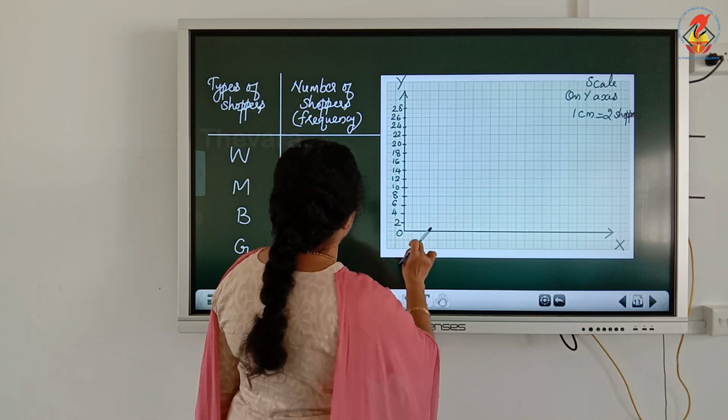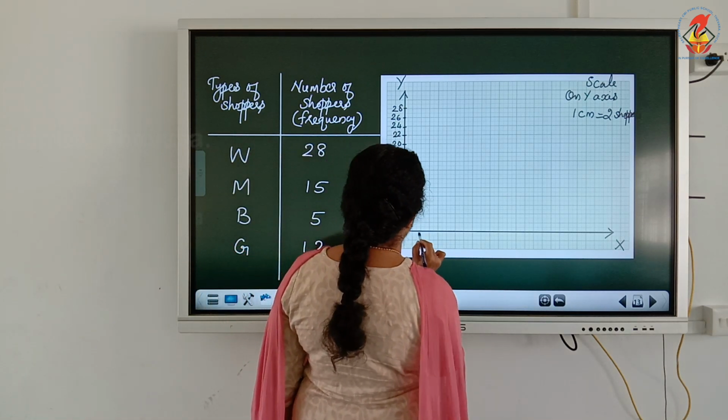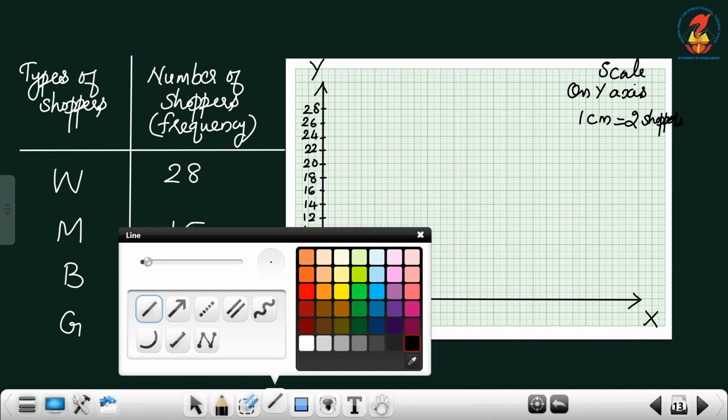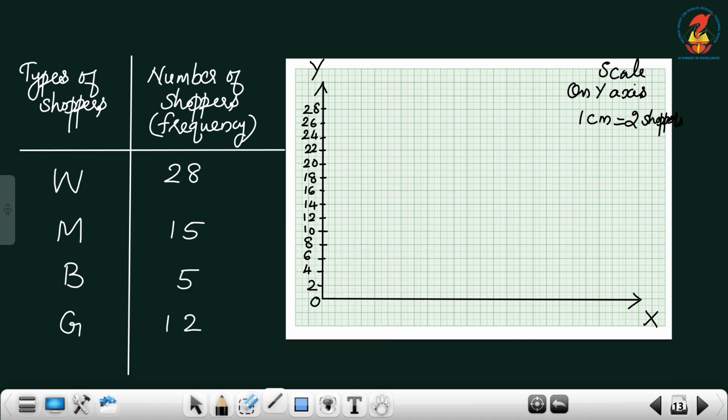Then the next one, W. Next square box we can take and it will represent women, and here it is 28. So you have to draw the vertical bar.